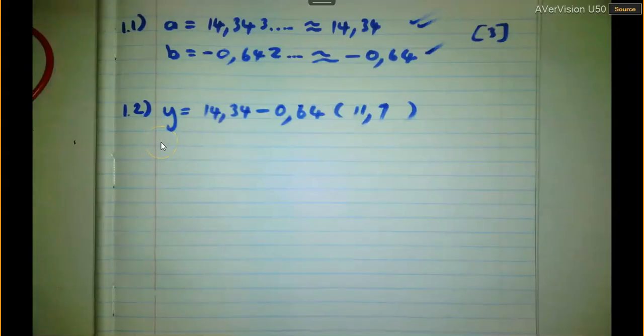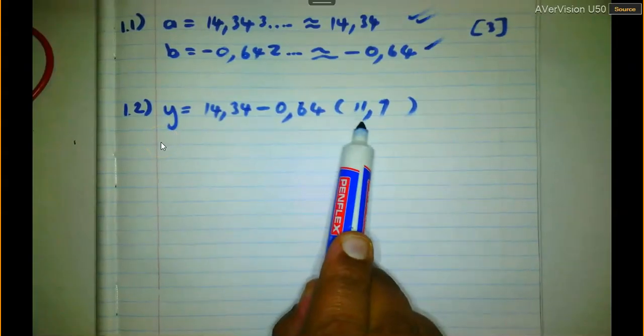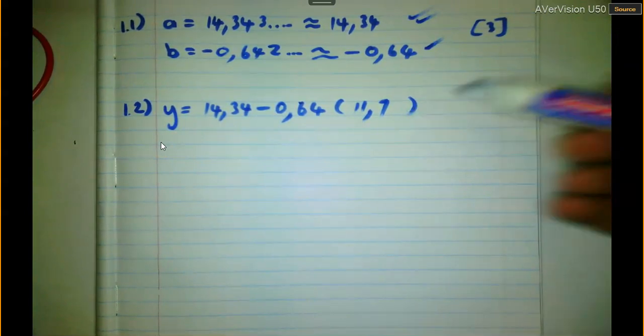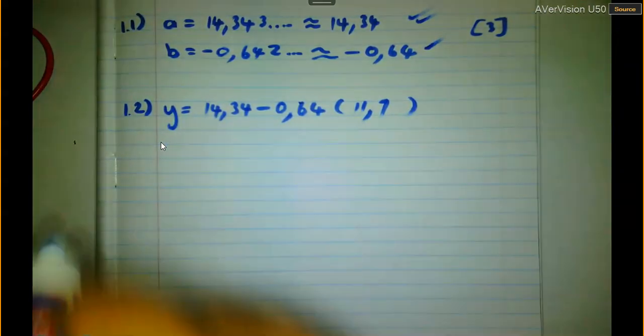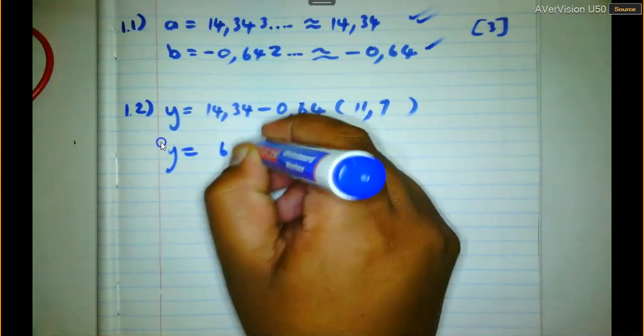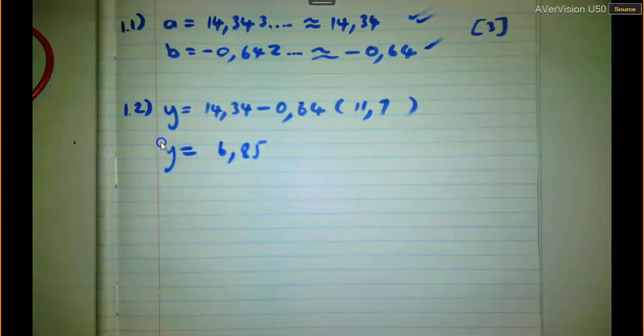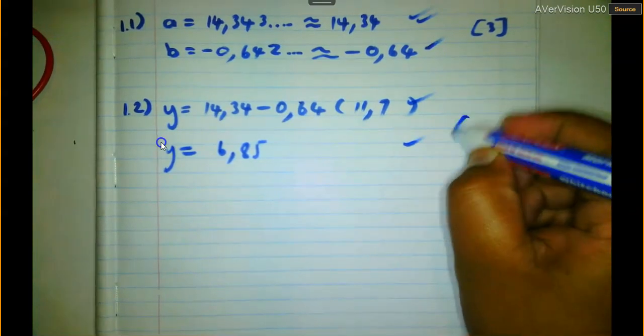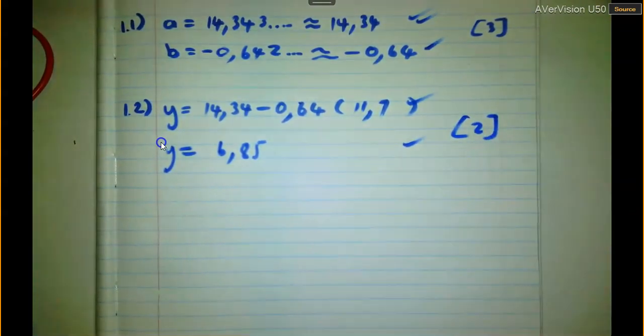We take that 11.7, because it's an x value, and substitute it into our formula. You put this into your calculator, and your answer should be more or less 6.85. That's 2 marks: 1 for the correct substitution and 1 for the answer.